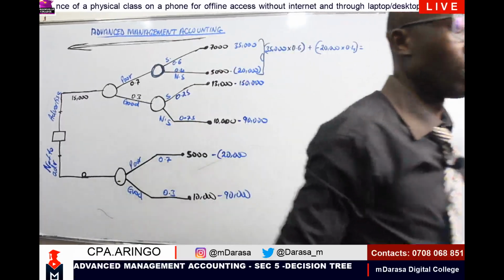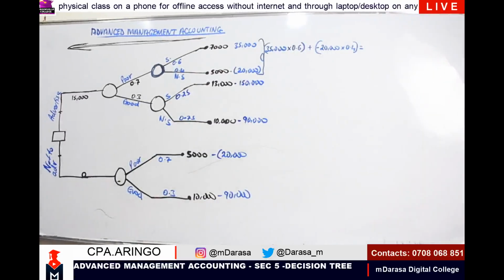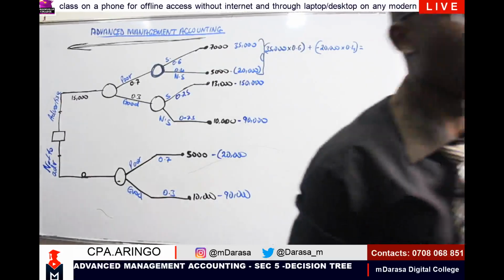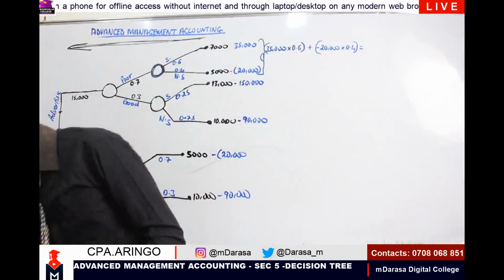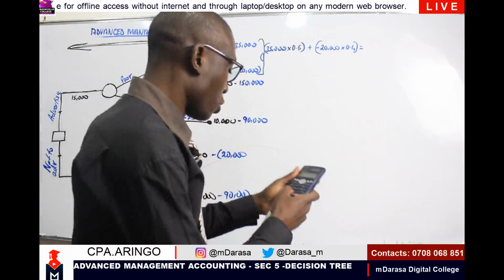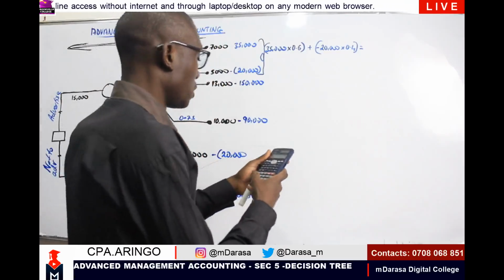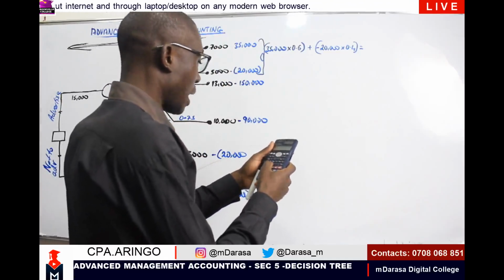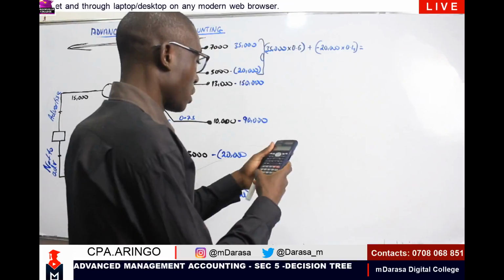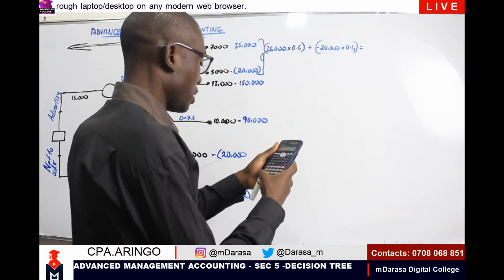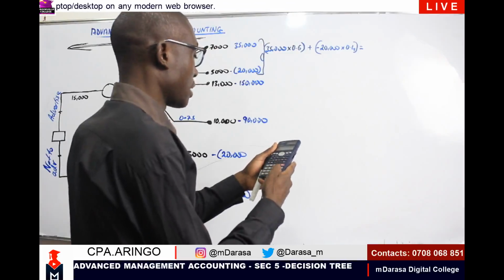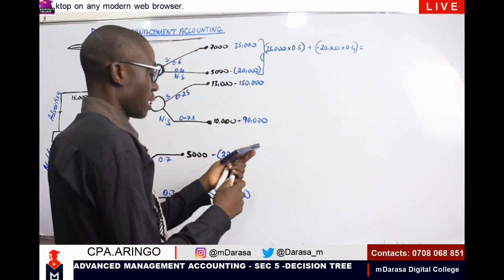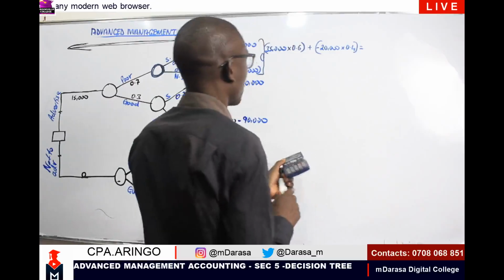That should give us how much, my good students? You have your calculator with you there, so give me the figure. We take 35,000, multiply by 0.6, and add minus 20,000 multiplied by 0.4. In that case, I'm having a figure of 13,000. I don't know if you guys are getting the same figures.